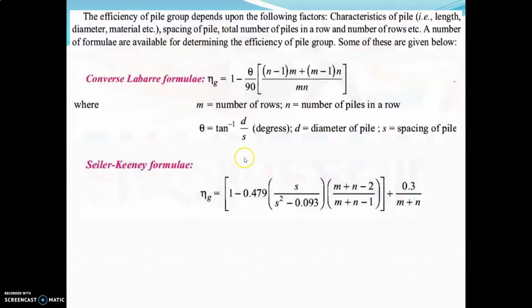Okay, this is one formula to find the efficiency of a pile group. Another is the Seiler-Keeney formula.